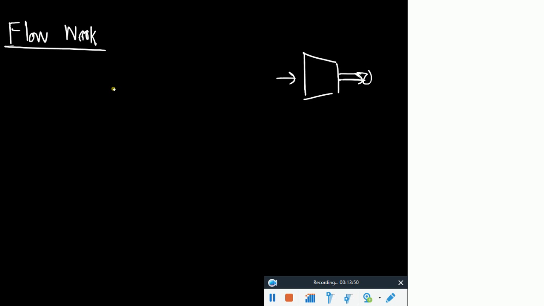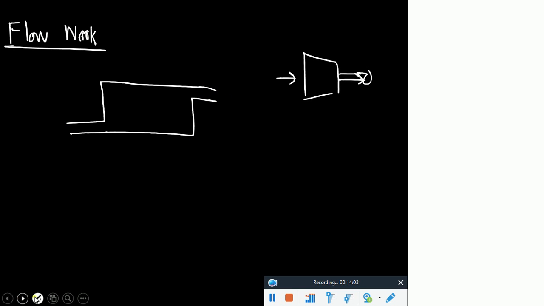By the way, I would just give you a small hint. I won't go into the detailed derivation, but if you just see this system, for example, this is the control volume.